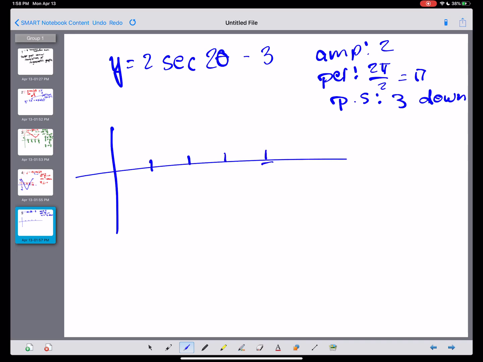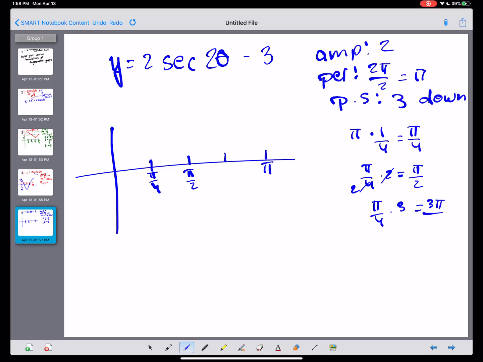Put my period at the end, which is pi. I'm just gonna take pi, multiply by 1/4 to find my first coordinate, which is pi over 4. Then I'm gonna take pi over 4 times 2 to find my second coordinate, so that's pi over 2. And then I'm going to take pi over 4 and times it by 3, so that's 3 pi over 4.